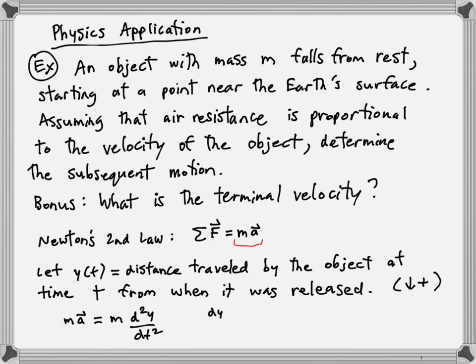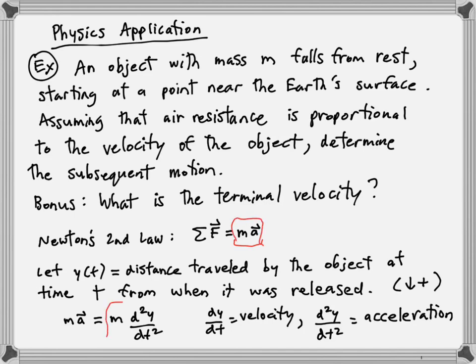Okay, dy/dt is equal to the velocity, and then the second derivative is equal to the acceleration, right? We know this. Okay? So we know what the right side here is. This part that we just boxed here, that's this. But we need to figure out what the sum of the forces is.